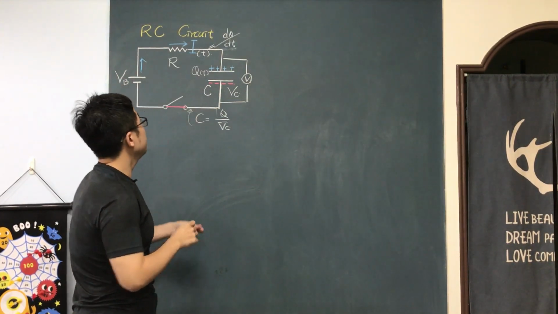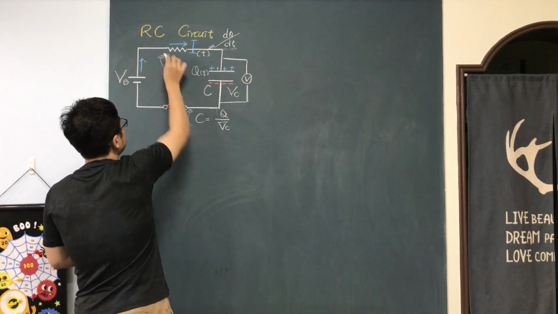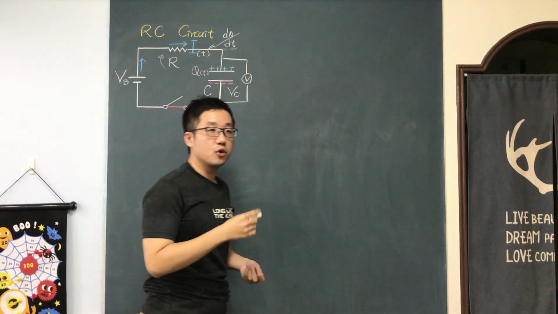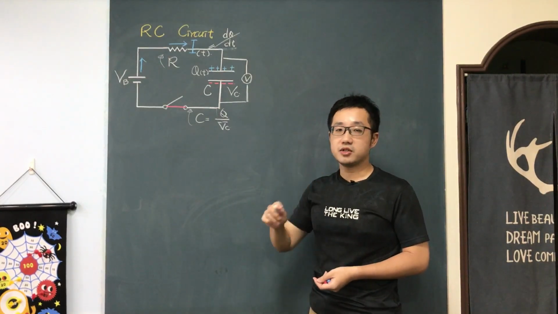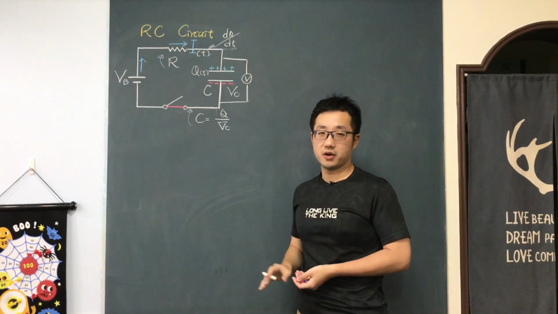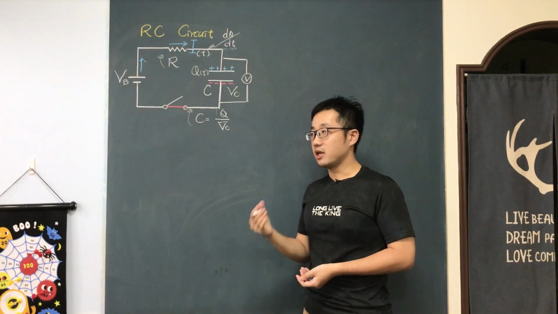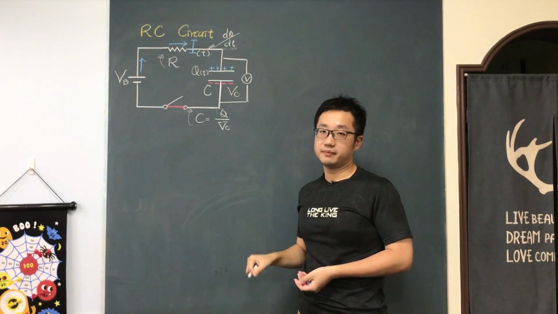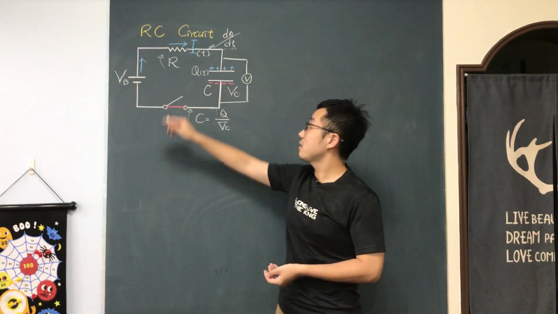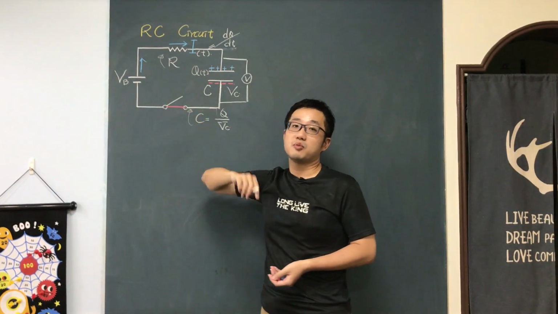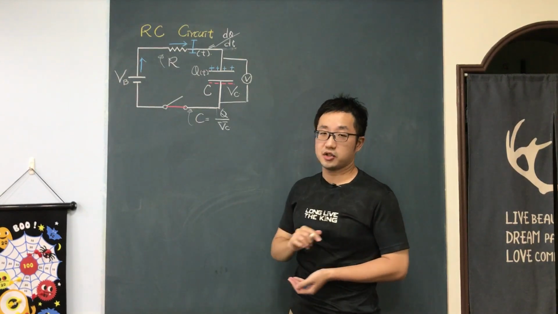If you increase the R value, it's like putting more rocks inside the pipe. That means you're impeding the flow of water, slowing it down. So if you increase the R value, it takes more time to charge your capacitor.